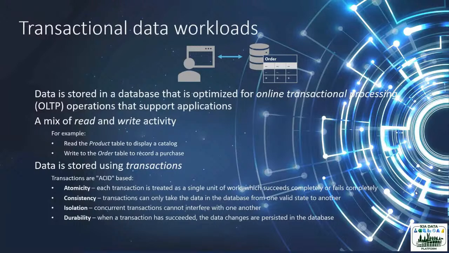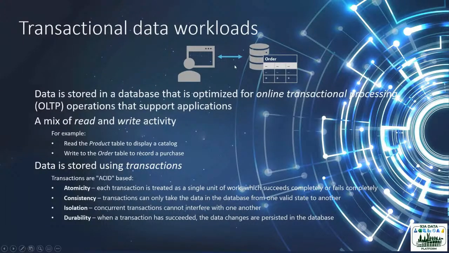When you talk about transactional data workload, data is stored in a database that is optimized for online transactional processing, so that it supports the application, with reads and writes, like reading the product table to display the catalog and writing to the order table to record a purchase. That's just the flow of what you are seeing on my screen here.